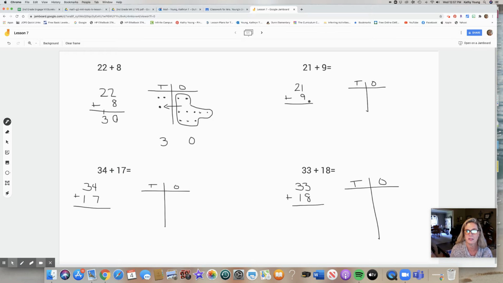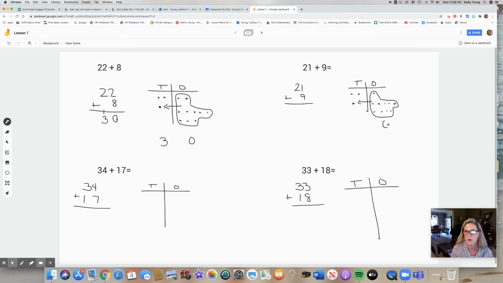Okay, we're going to go ahead to this next one. Same thing. I'm going to draw my 21 and my 9. Okay, I know that 1 plus 9 makes 10. So since I cannot write the whole 10, I need to circle the 10 and move it into a 10's disk.